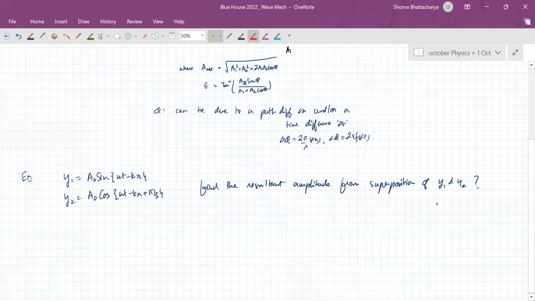So you can just express the cos term in terms of sine by using this formula that sine of x plus pi by 2 is cos x. So this can also be expressed as follows.